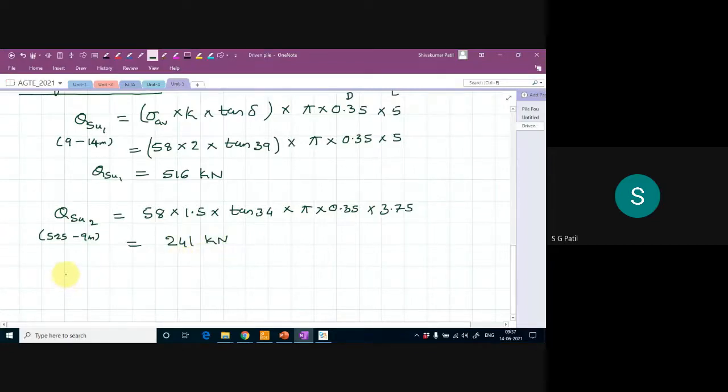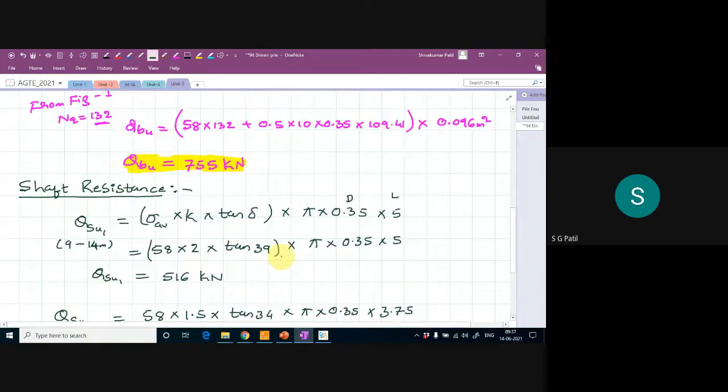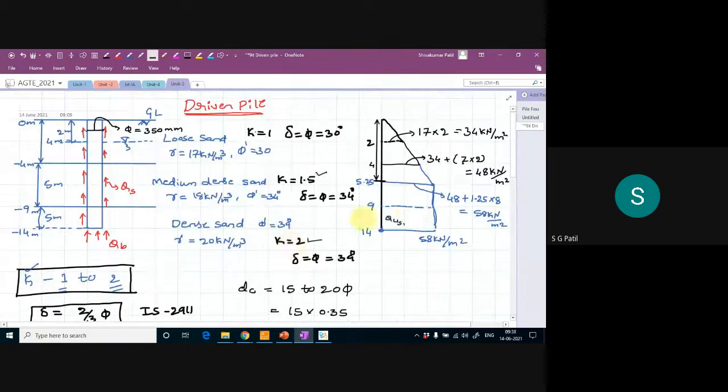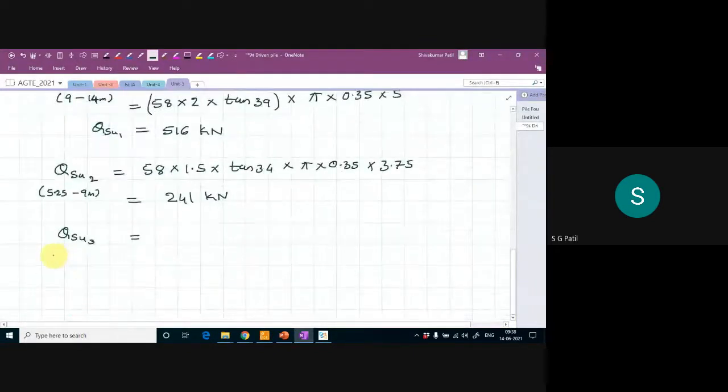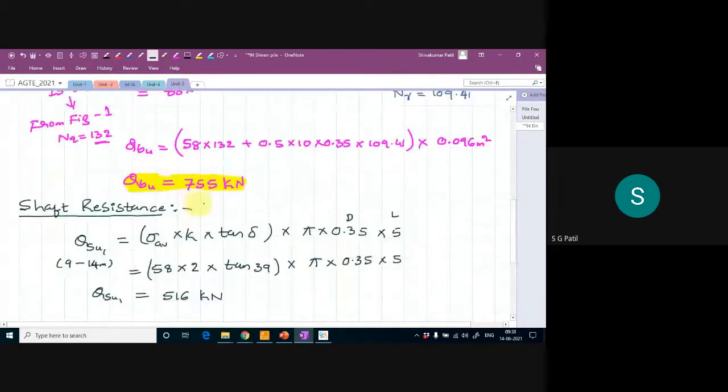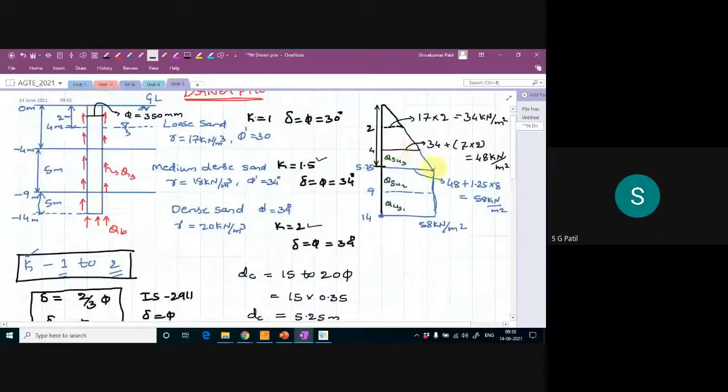Next, QSU3. This is QSU1, this is QSU2, and this is QSU3, that is between 4 meter and 5.25 meter. Here I have to take the average.